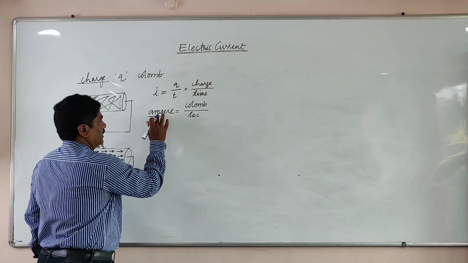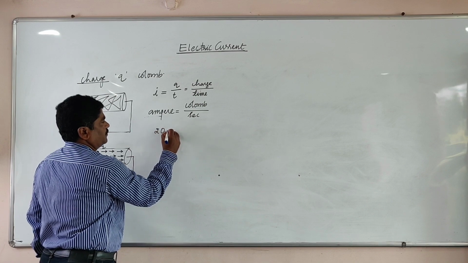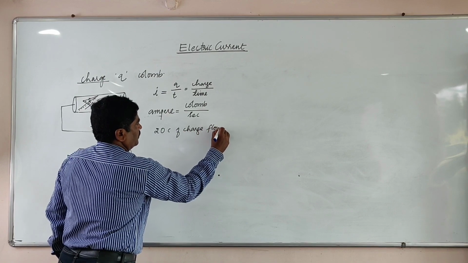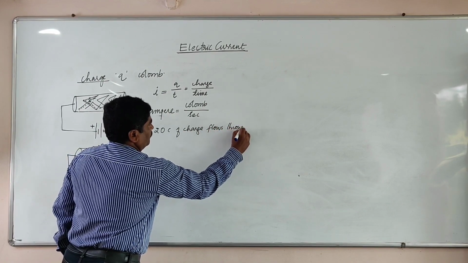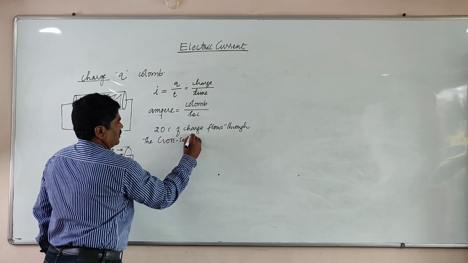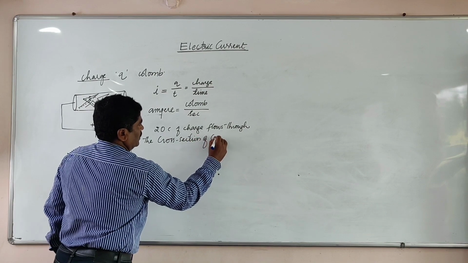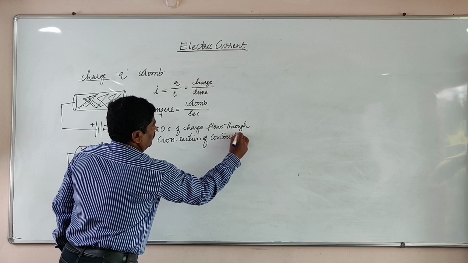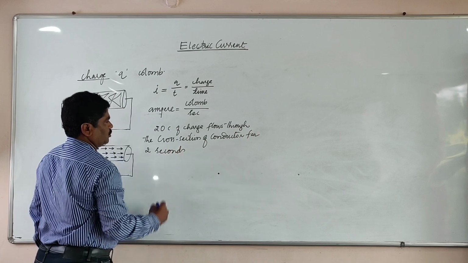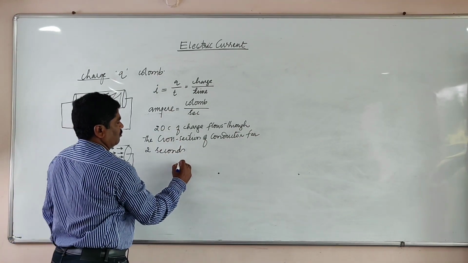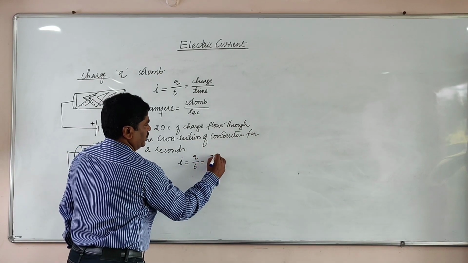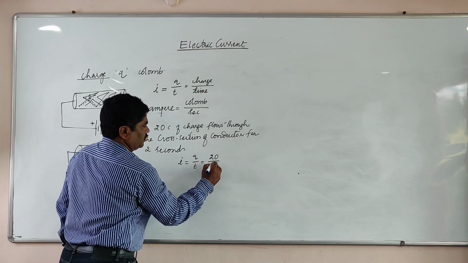And for example, if 20 coulombs of charge flows through the cross section of the conductor for 2 seconds, then as per this formula, I is equal to Q by T. So Q is 20 coulombs, and time is 2 seconds.